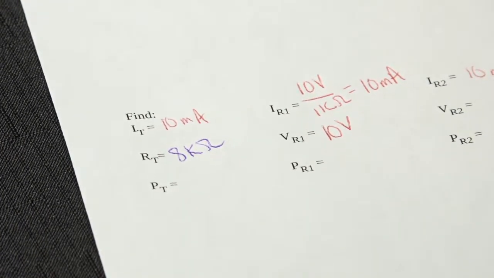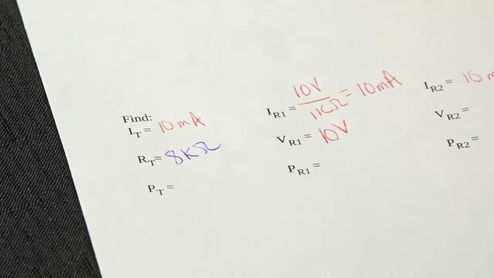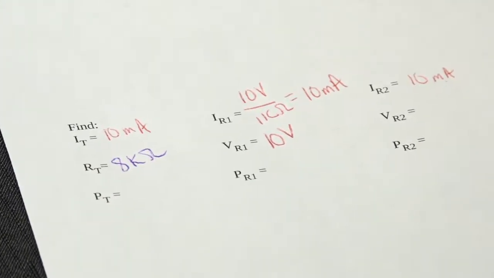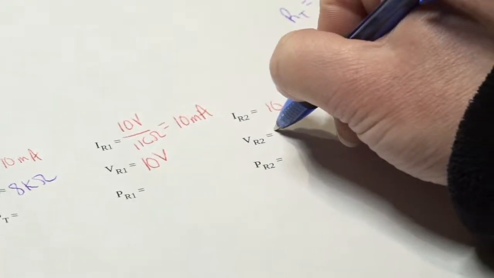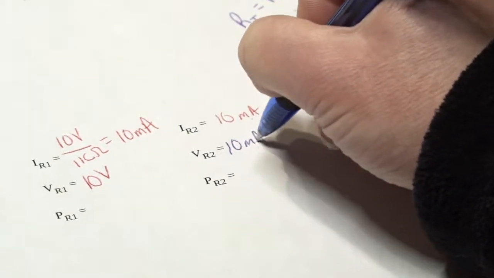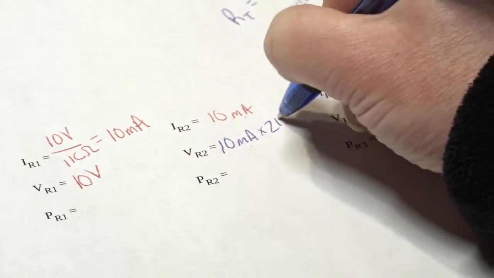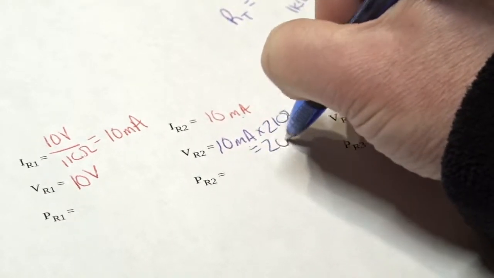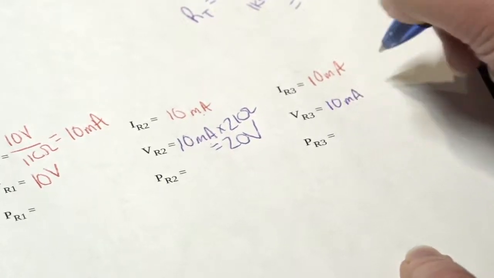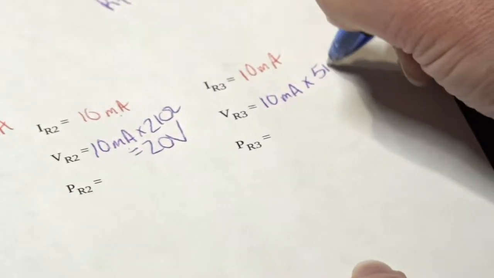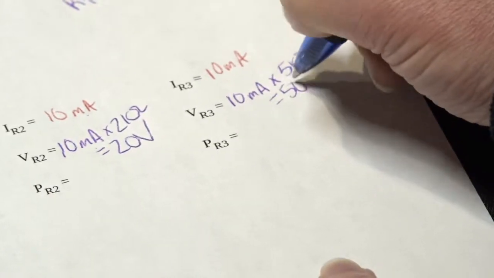Can I find the voltage across R2? Most definitely, because 10 milliamps times 2 k ohms equals 20 volts. And 10 milliamps times 5 k ohms equals 50 volts.